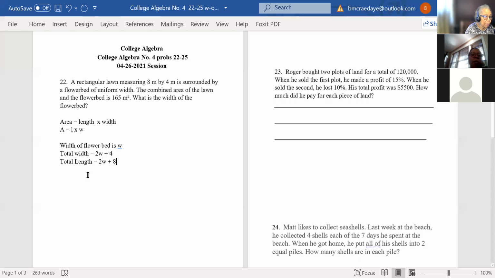Now, since we said area equals length times width, now we know our total width and we know our total length. So what can we write for the area, Latoya? What would the total area be equal to? In terms of a formula, length times width.